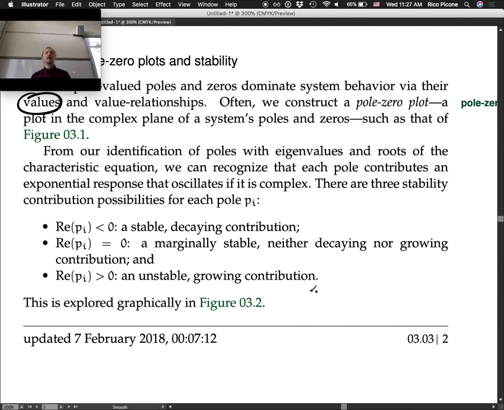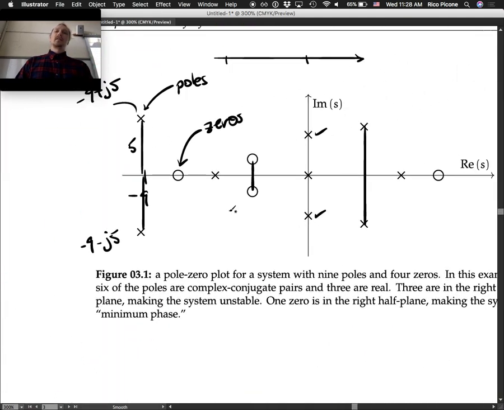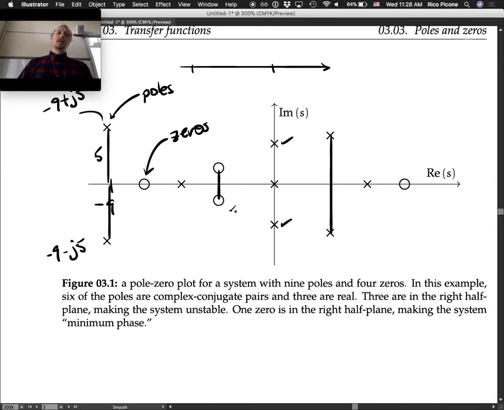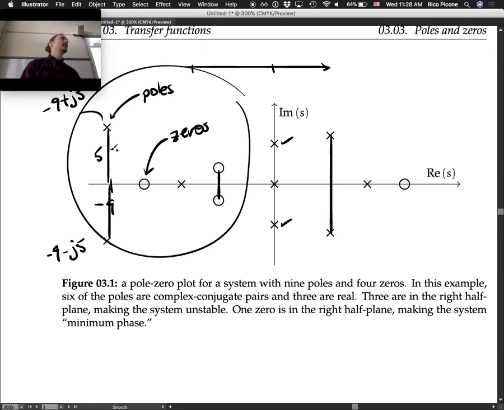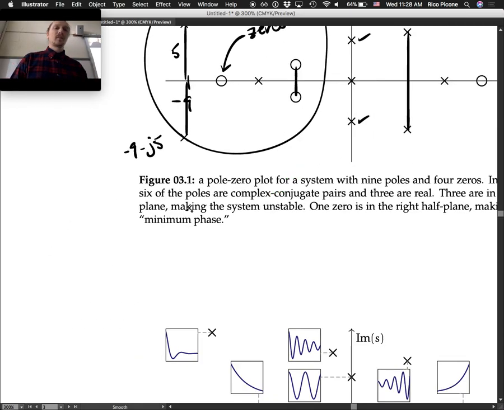If the real part of the pole is less than 0, a stable decaying contribution happens. That means if the real part's negative, which is to say anything in the left half plane, all these poles have stable contributions to the system.